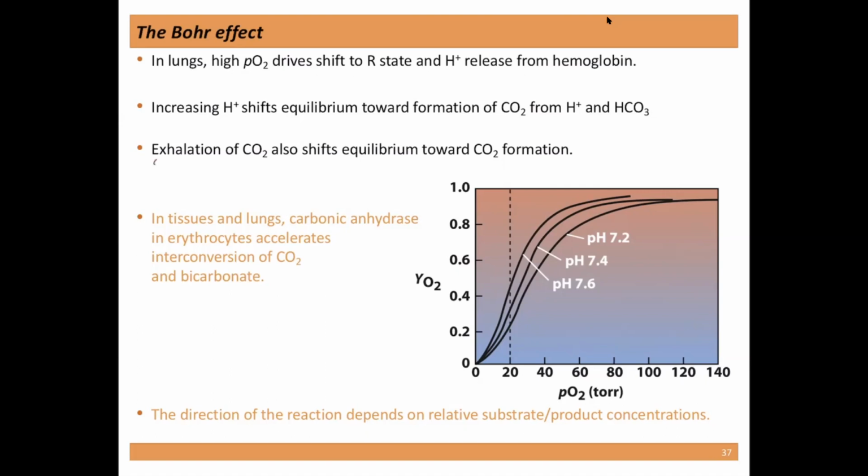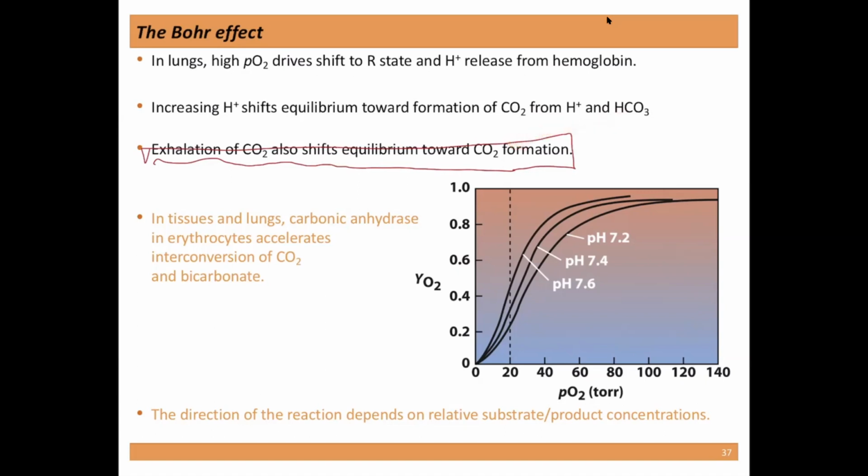So in the lungs, as we exhale CO2, that shifts the equilibrium towards CO2 formation. I do know that as you go to your lungs and you release CO2, the carbonic acid is going to form into CO2.